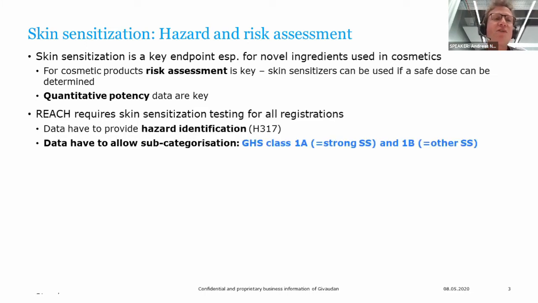On the other hand, we also have to register our molecules under REACH, and there we just first need a hazard identification, whether a chemical is an H317, and then we also need now to do subcategorization. So we have to discriminate the 1A, the strong sensitizers, from the other sensitizers.